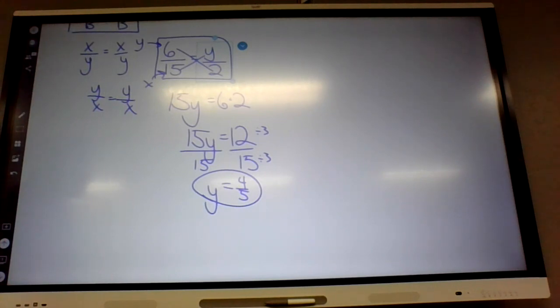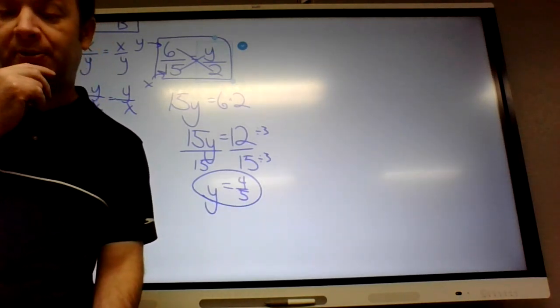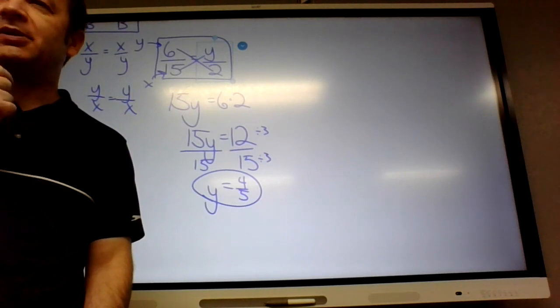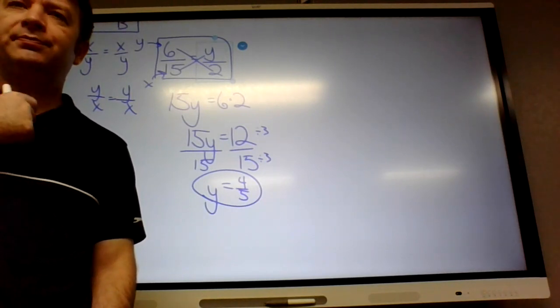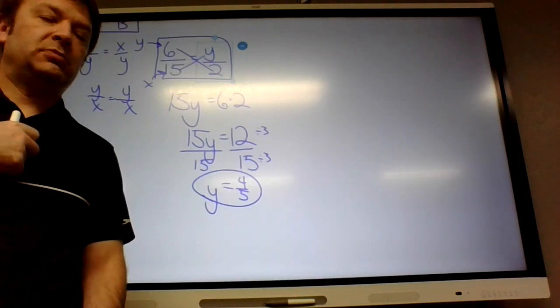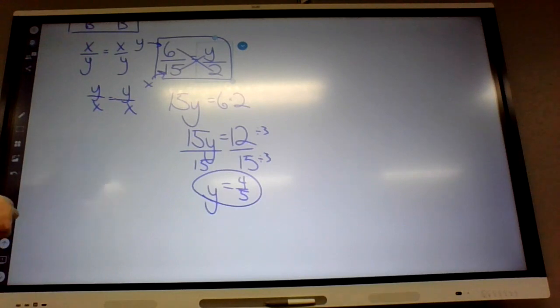Number 15 says varies directly, so we're going to do the same thing. The first two are directly, the next two are inversely. Somebody want to try to set 15 up? You don't have to solve it, just how would we set it up? Okay, Moses? 5 over 4 is equal to y over 8.